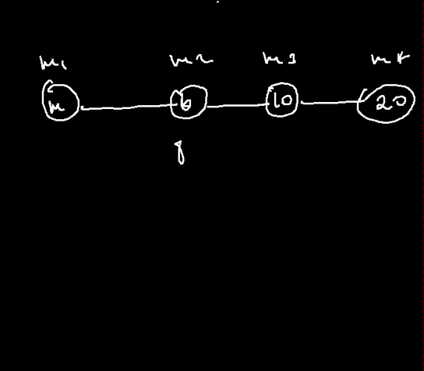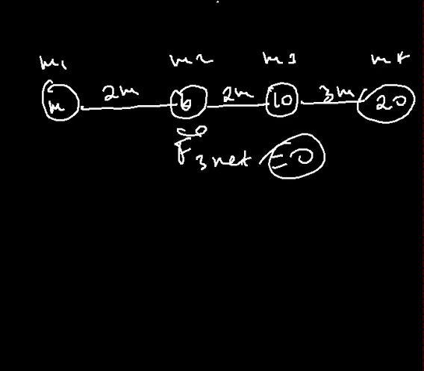Now assuming F3 net is given, let's say this is 2 meters, let's say 3 meters. What is the value of the mass m1, given that F3 net is given?